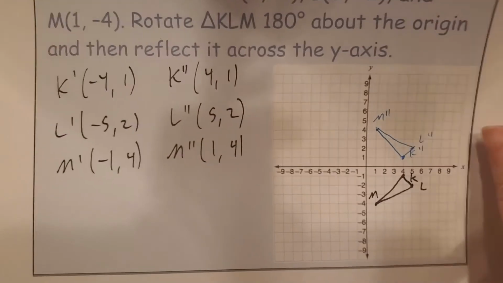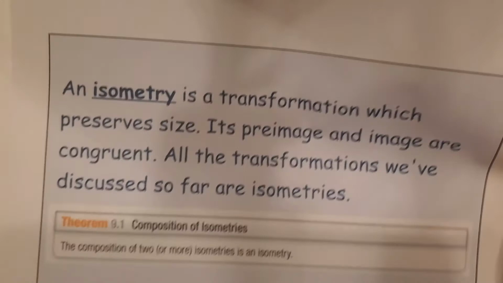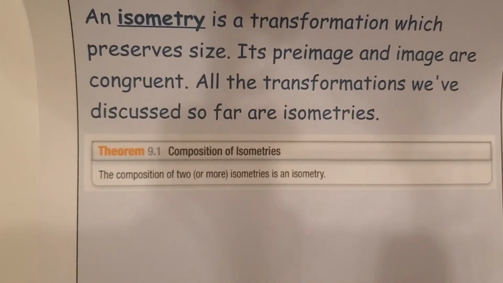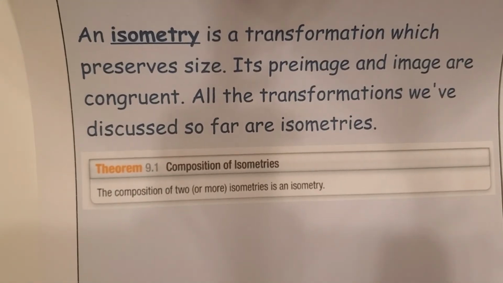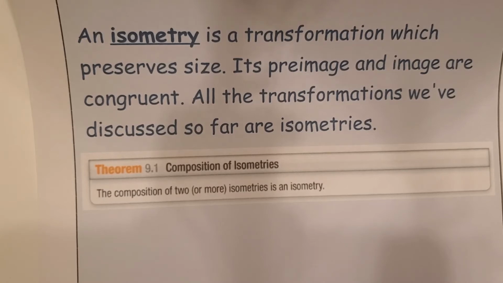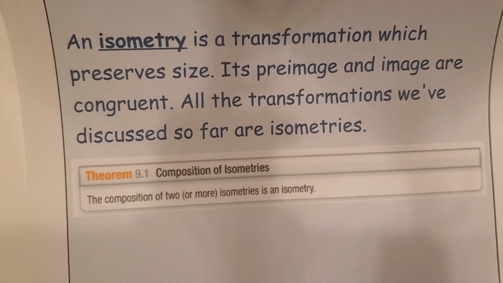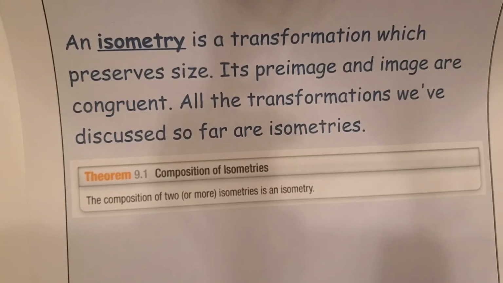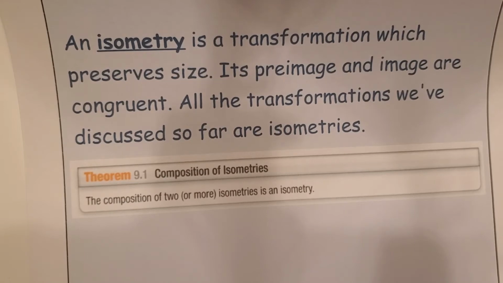All right, so again, this is more vocab stuff I just wanted to talk about. One thing we didn't mention is this idea of an isometry, which is basically just a transformation that preserves size. So by definition, its pre-image and image are going to be congruent. If you think about all of the transformations that we've done up to this point, reflection, translation, rotation, in all of those we were just moving things around, spinning them, flipping them.